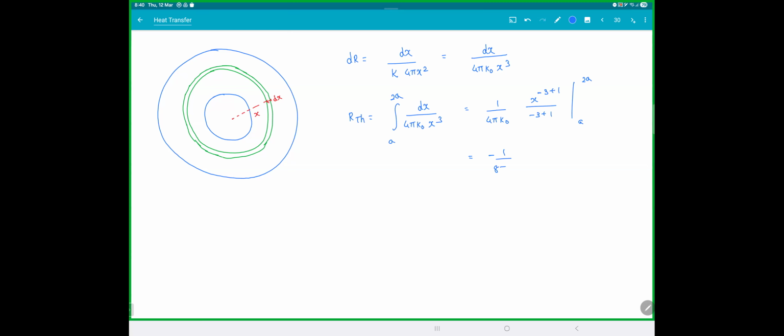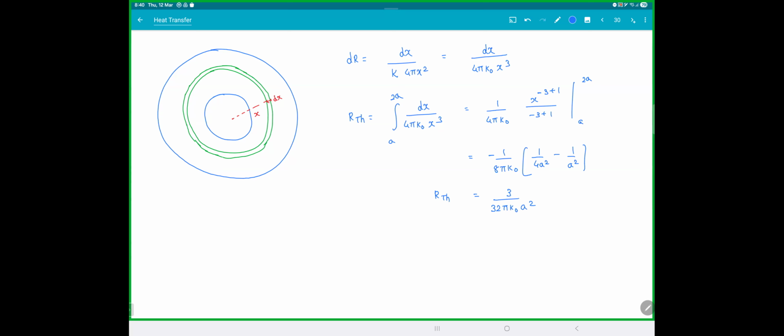That would be 1 by 8 pi K naught times 1 by x square. So 1 by a square minus 1 by 4a square. That is 3 by 4a square. So that is 3 by 32 pi K naught a square. Check. This is your thermal resistance.